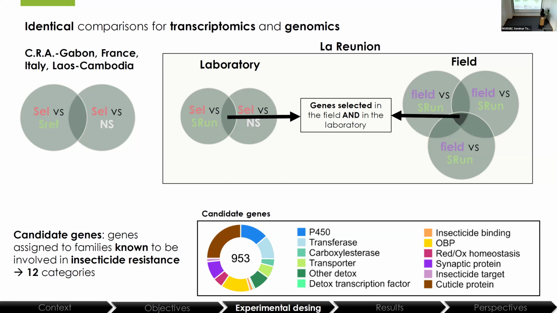And when we look at the genes present in all those three comparisons and linked with deltamethrin resistance, it gives us genes selected in the field in La Réunion. So for La Réunion Island, at the end, we have the genes selected in the field and in the laboratory.